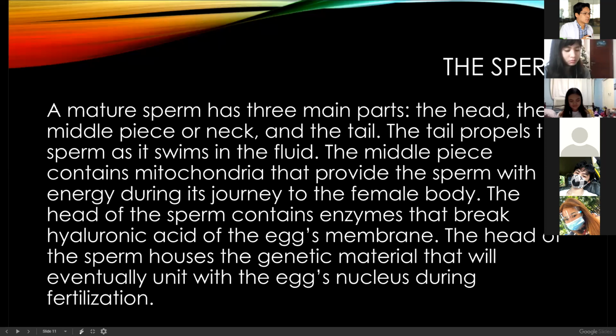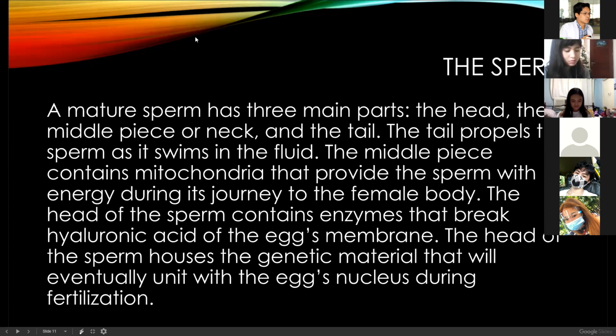Again, the egg's membrane is covered by an enzyme, hyaluronic acid. This hyaluronic acid protects the egg from any penetration. It will be broken down if the sperm goes into it. The head of the sperm houses the genetic material that will eventually unite with the egg nucleus during fertilization.